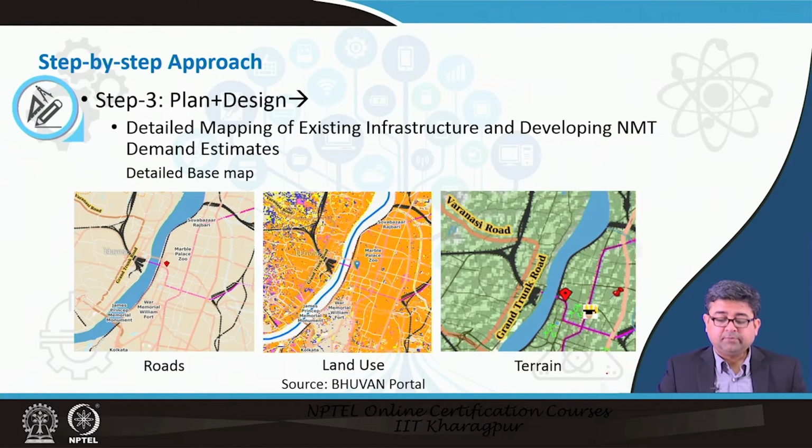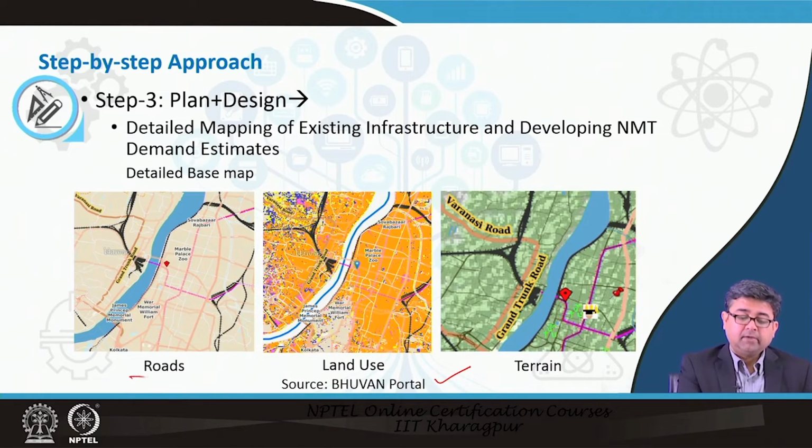So, this is an example of different maps that can be produced using satellite imagery. This is available at the Bhuvan portal. So, you would see that you can identify what are the roads that are available in your area. You can understand the land use that is available.